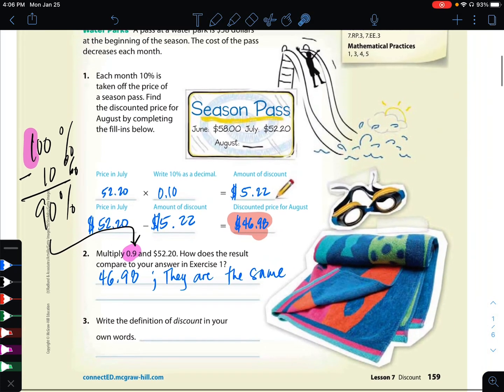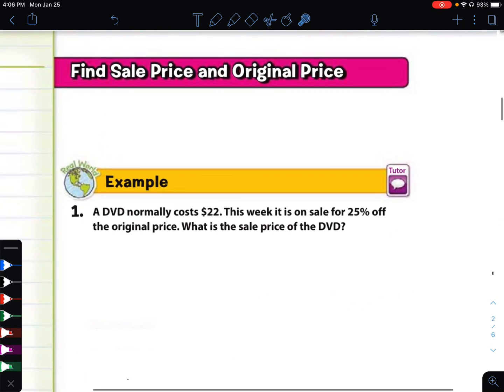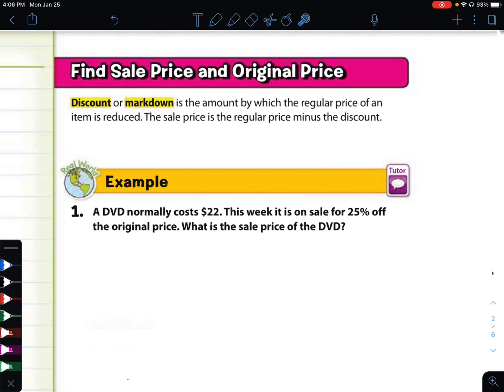Let's take a look at the definition of what discount is. Discount, or markdown, which is another name for discount, is the amount by which the regular price of an item is reduced.